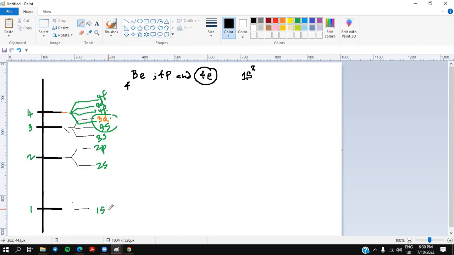After filling electrons in 1s, next electrons come to 2s. 2s has how many electrons? 4 minus 2, 2. But how do you write this in O level? In O level, we write 2, 2. The first 2 is actually the 2 electrons in the first energy level. Second 2 means 2 electrons in the second energy level.